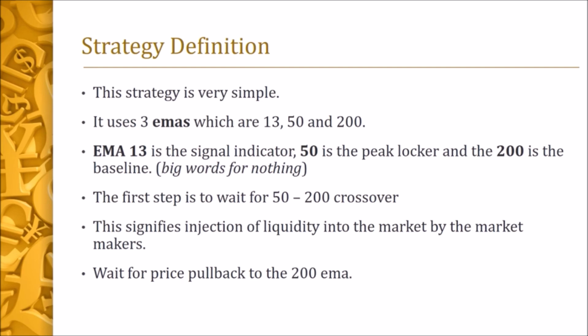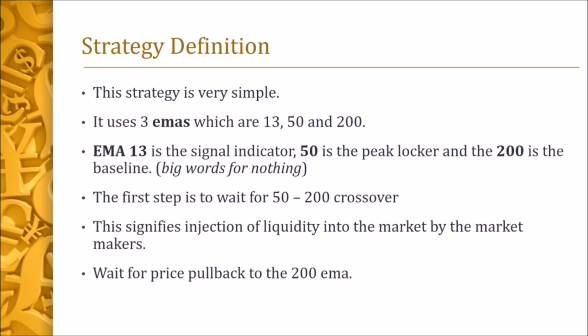So the first step is to wait for the 50-200 crossover. This signifies injection of liquidity into the market by the market makers. Usually the 50-200 cross on the M15 time frame occurs in the first level of the market maker cycle.